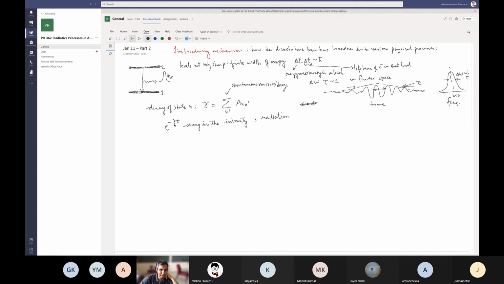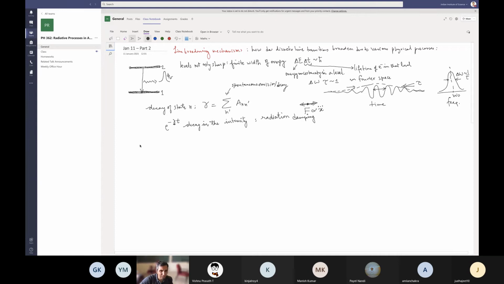So there is this gamma factor associated with that. The same language can be used for decay of electrons from one energy level to another.